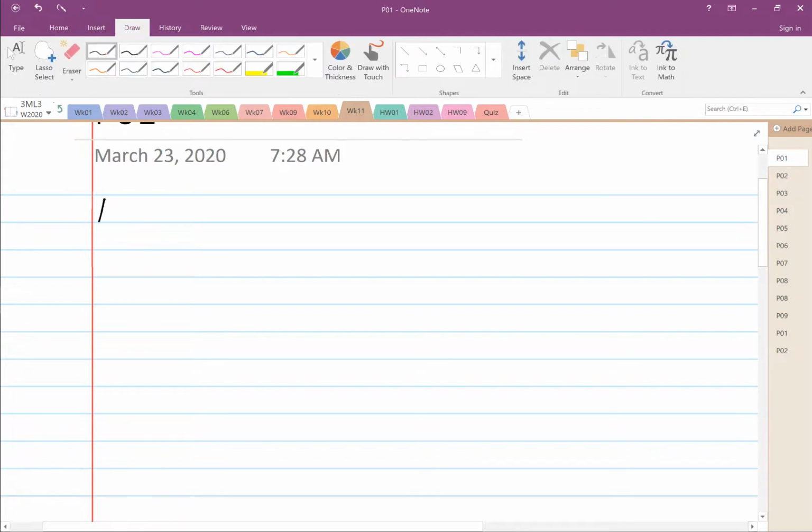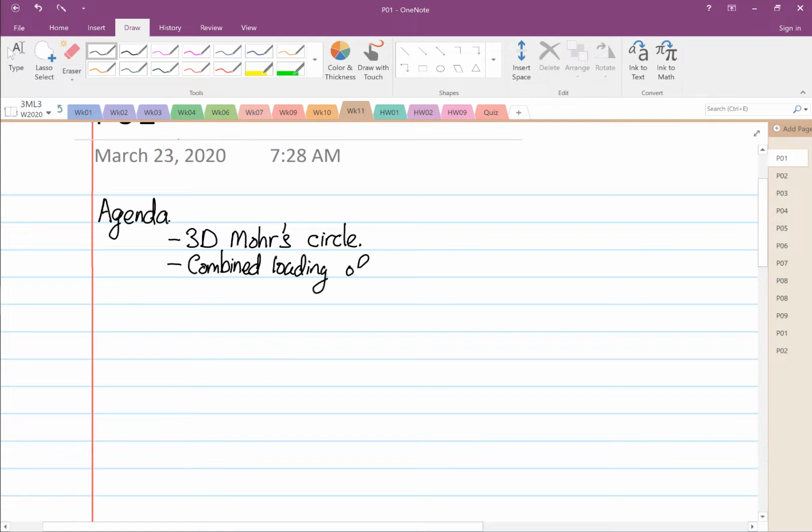Okay, so our agenda is we're going to look into 3D Mohr circle, and then we're going to do combined loading of a beam structure to determine the principal stress.